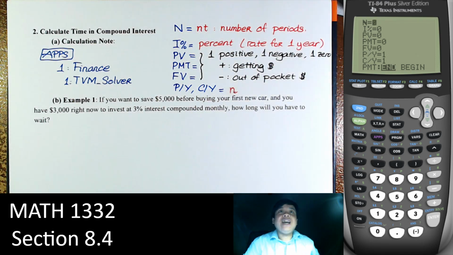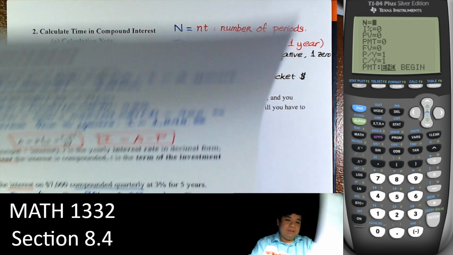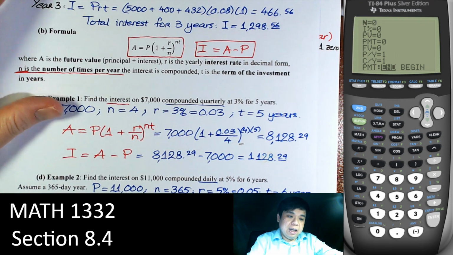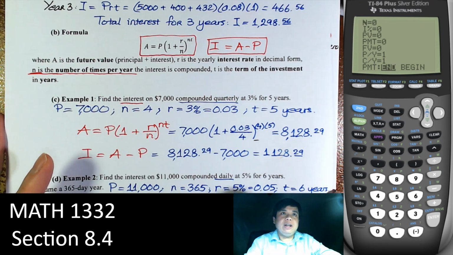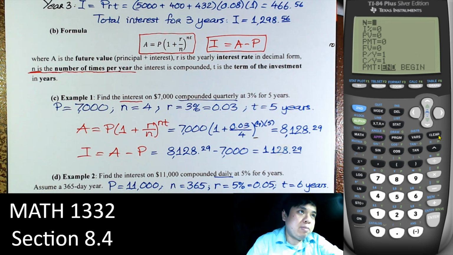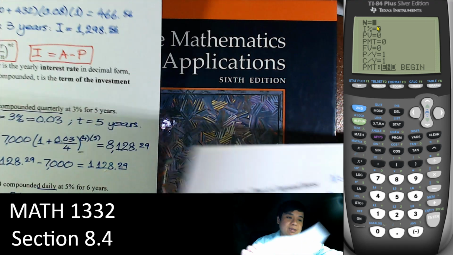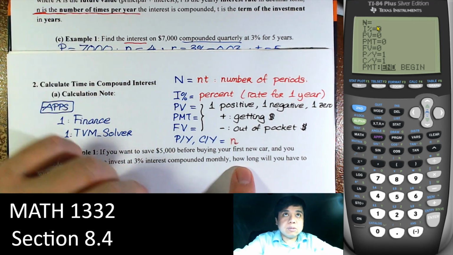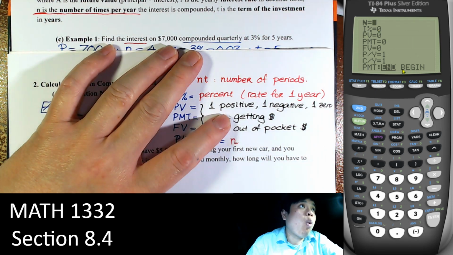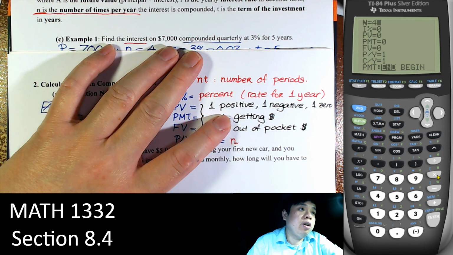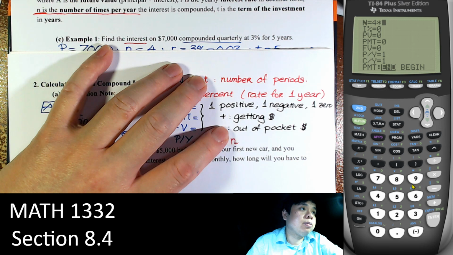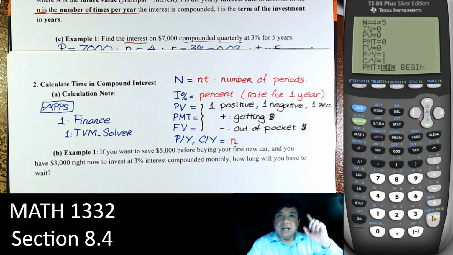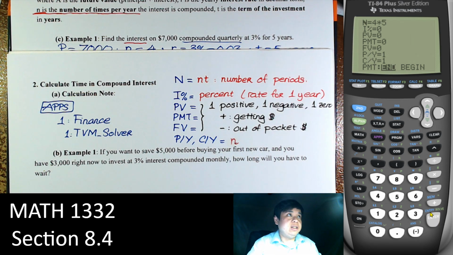Right, let's see how it works. Go back to the previous problem. Let's look at this one. Now use a calculator. In this case, what is N? This problem compounds quarterly, so 4 times a year for 5 years. So that should be a capital N, 4 times a year, 5 years.